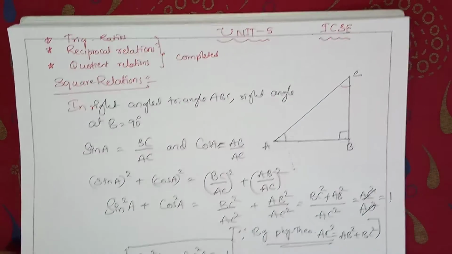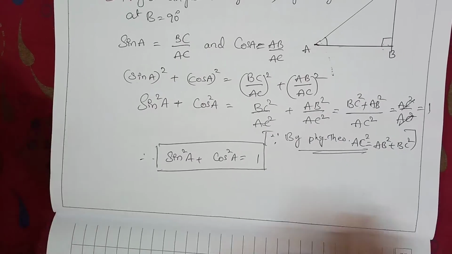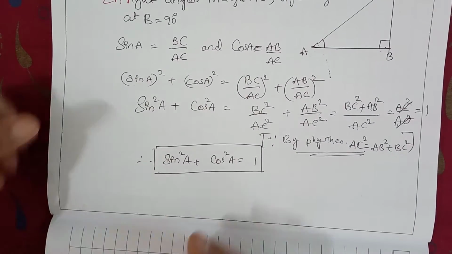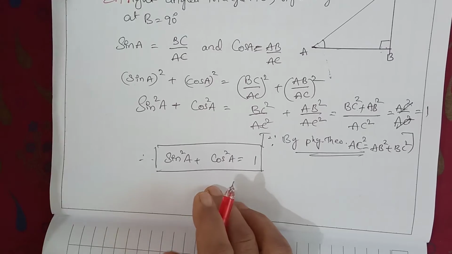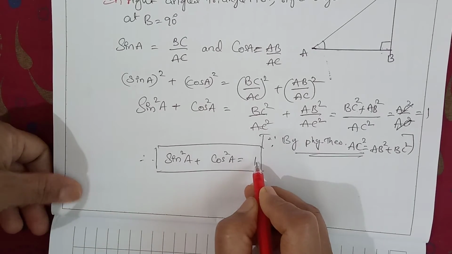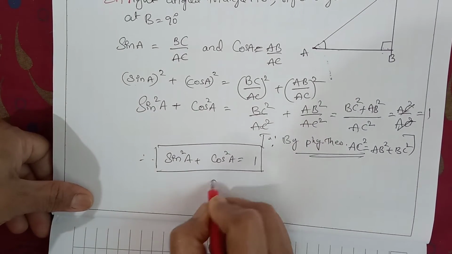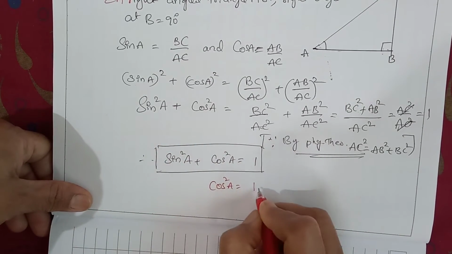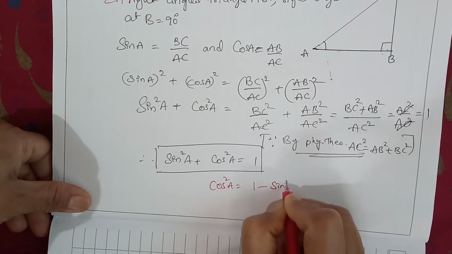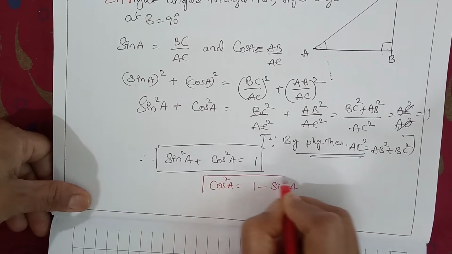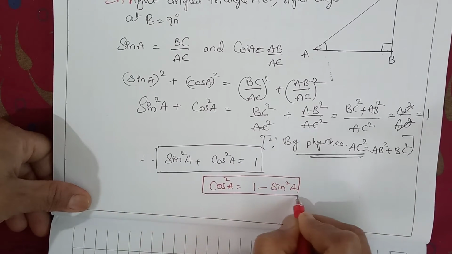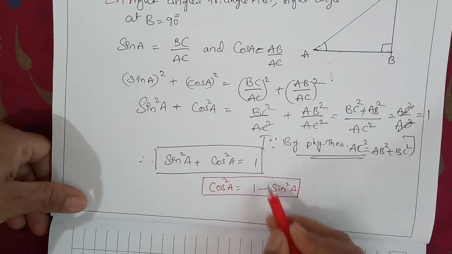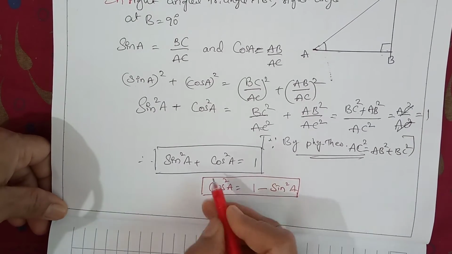Here also, children, I will complete this part. From this, sin square A plus cos square A is equal to 1, no? So from this again, cos square A is equal to, transposing to the right side, 1 minus sin square A. According to the problems, we have to use any one according to the situation and the steps.